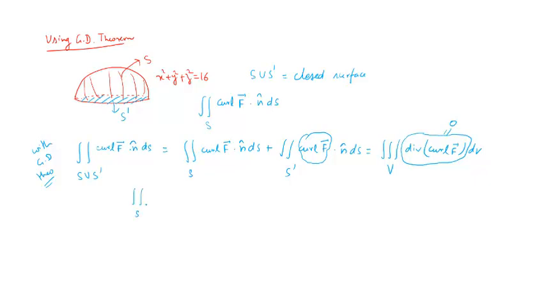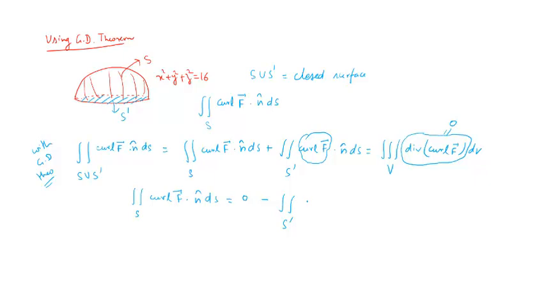Now what we can do further, if we want to find the surface integral along S, using Gauss Divergence theorem, we will write curl F dot n dS is equal to 0 minus the integral over S dash of curl F dot n dS. This goes to the other side, becomes negative.